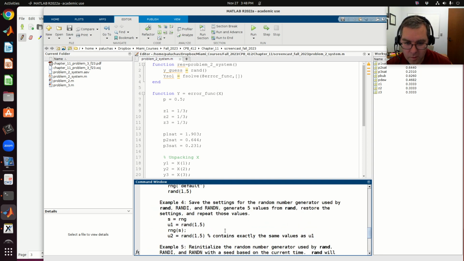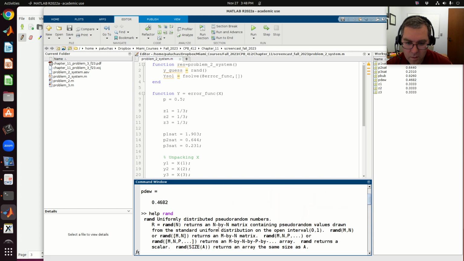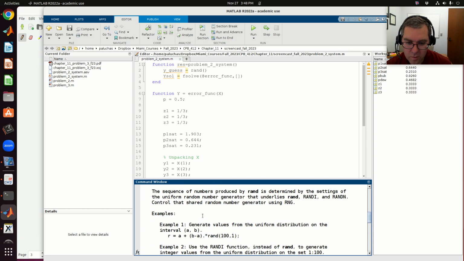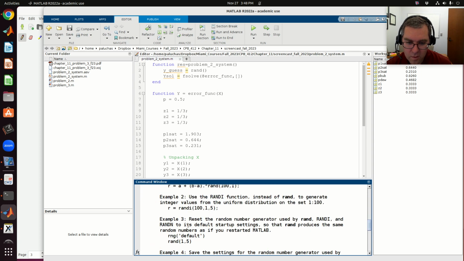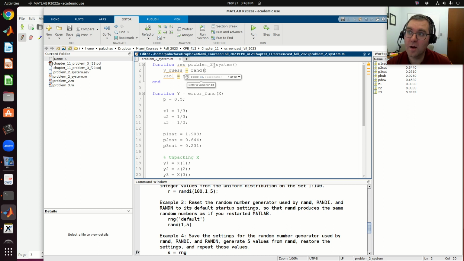What's my random number generator? Pretty sure it's rand. Yeah, uniformly distributed random numbers. Rows, then column. But I'm unpacking.